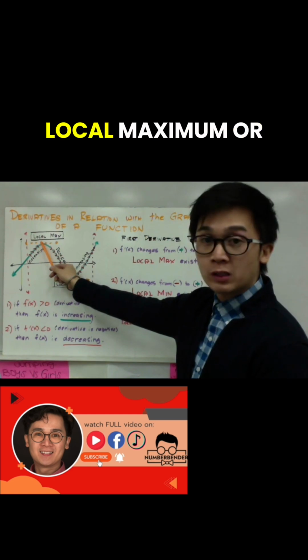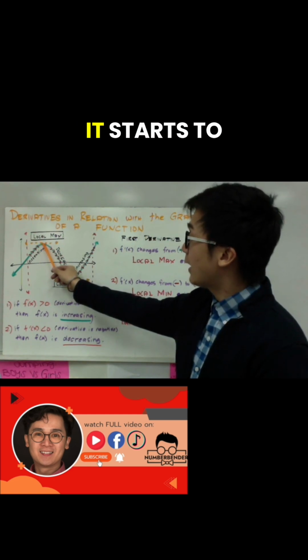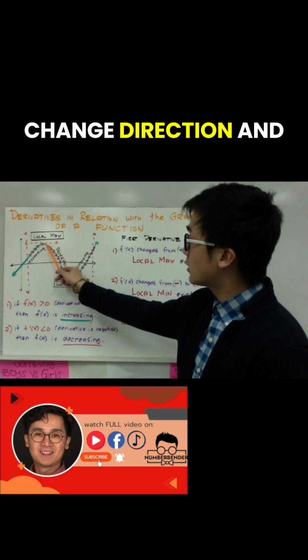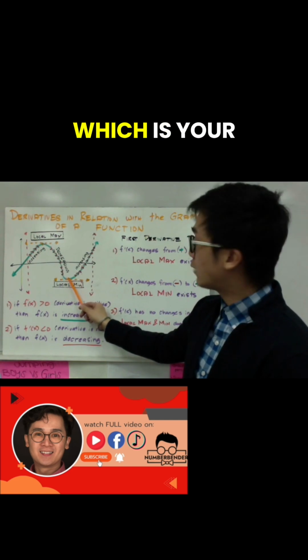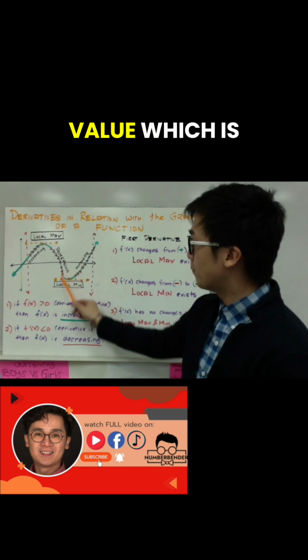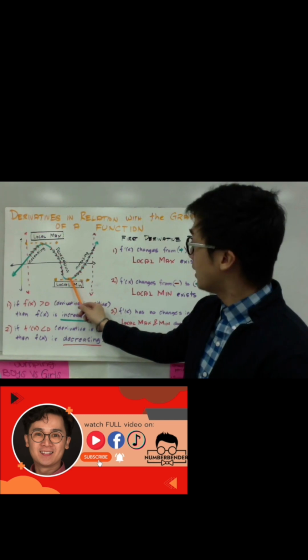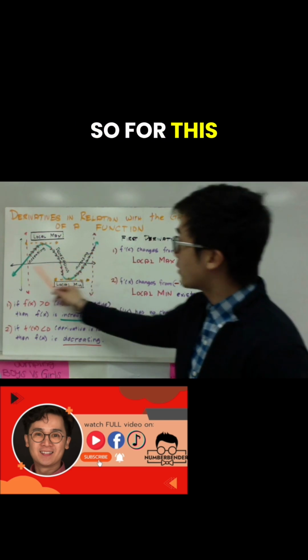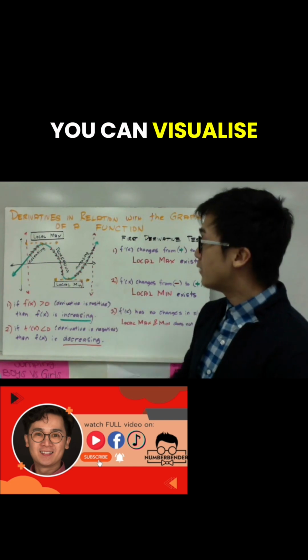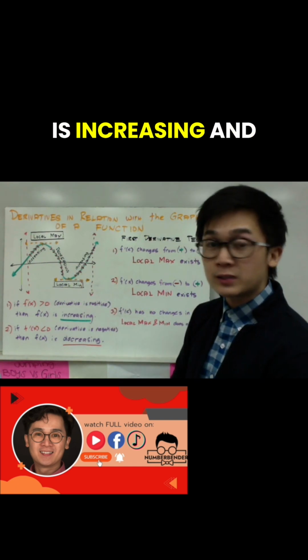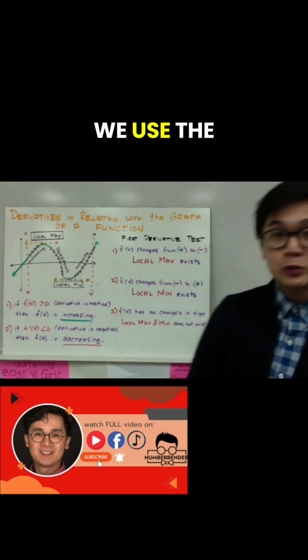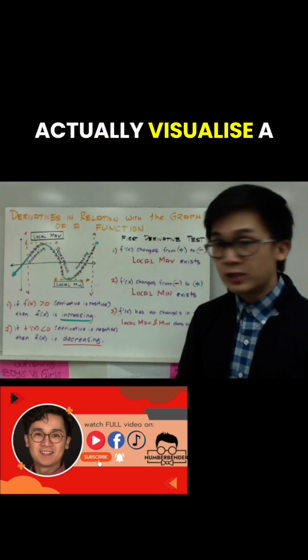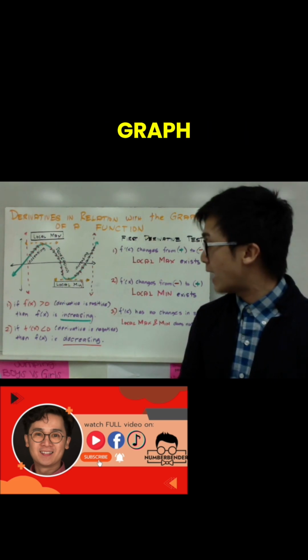From the highest peak, it changes direction and starts decreasing. From the lowest value, the local minimum, it starts to increase again. So you can visualize how the function is increasing and decreasing just by looking at the intervals. Now, how do we use the first derivative to visualize a function without seeing the graph?